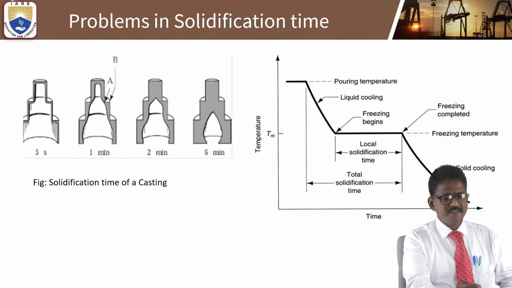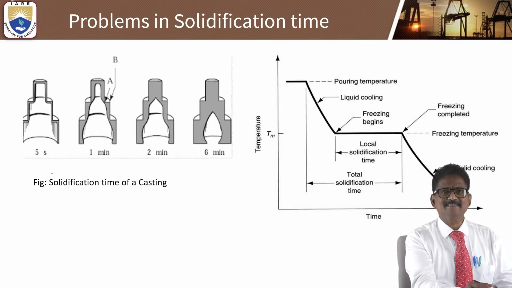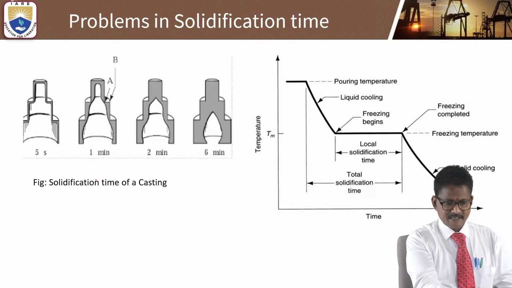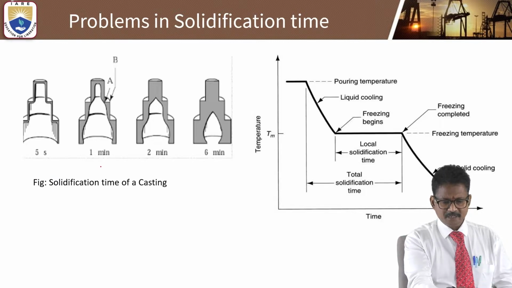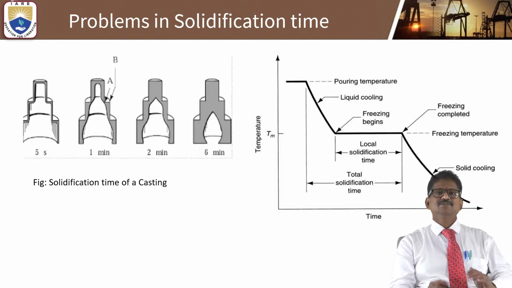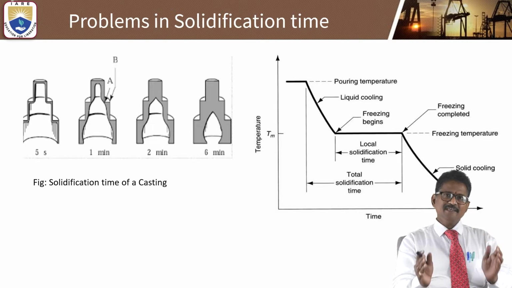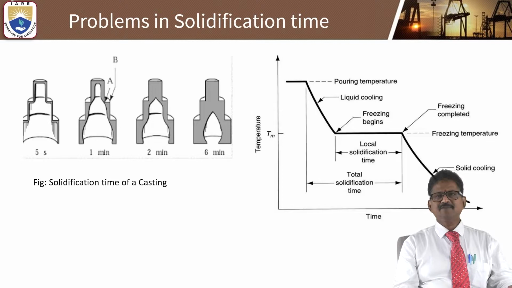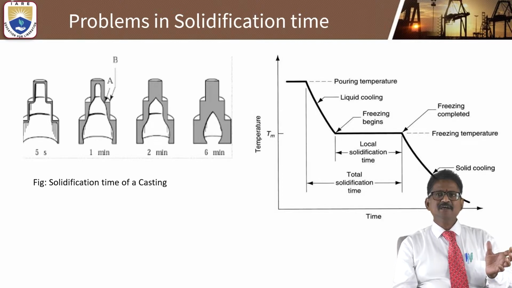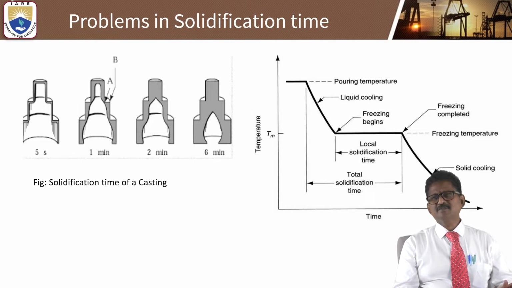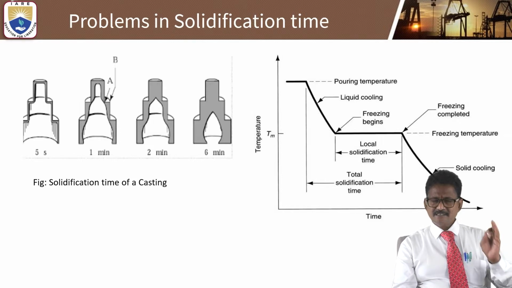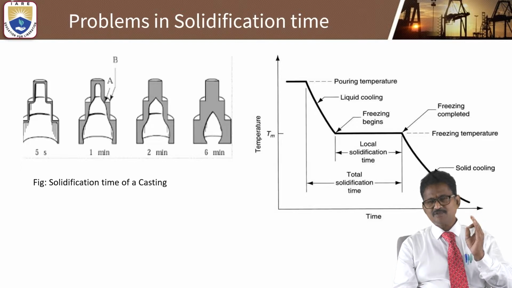Look at the first problem: the filling time is 5 seconds, 1 minute, 2 minutes, and 6 minutes. What is the variation of the solidification time of the casting to be provided in order to have good properties? This involves the calculation of the pouring time and the solidification time.